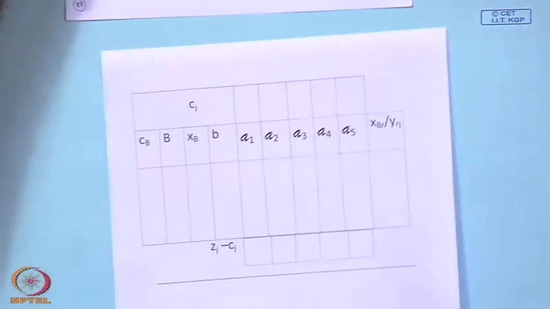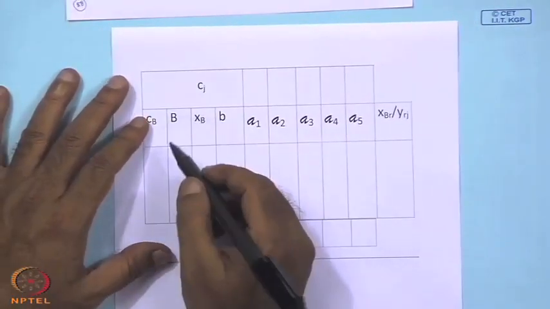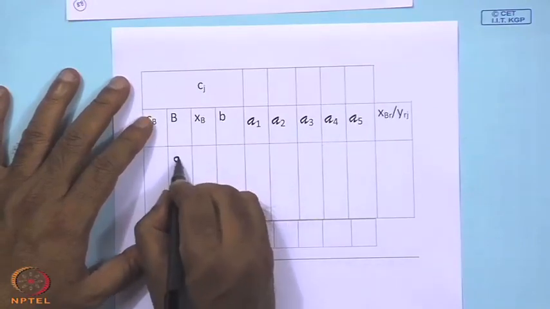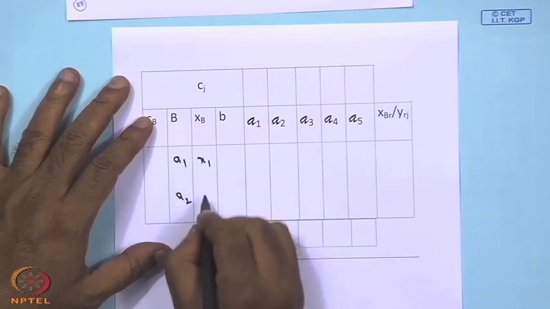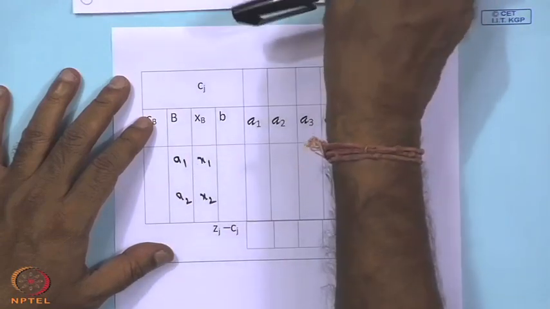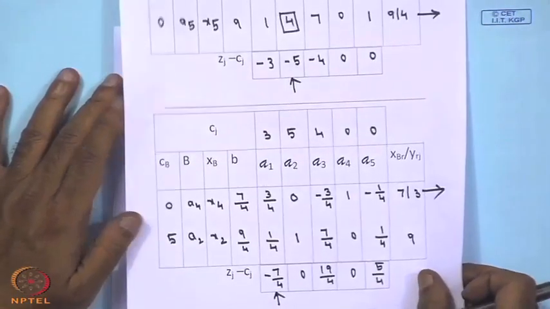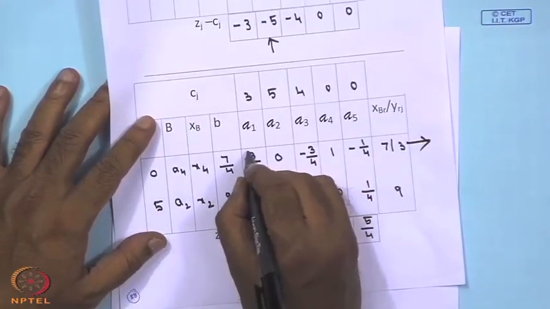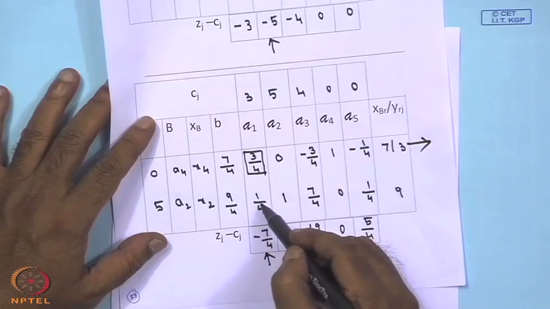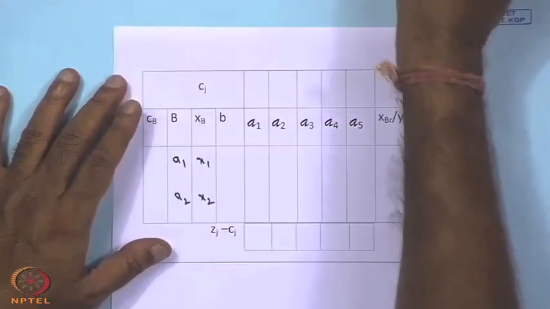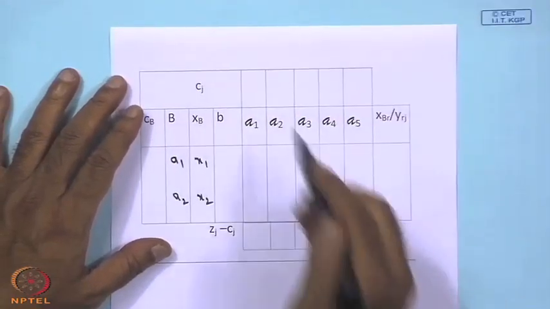So, in the next table, instead of x 4, A1 will come. So, it is x1, x2. Obviously, your pivot element is 3 by 4. Again, I will make this element as 1 and this element as 0 by normal calculations.